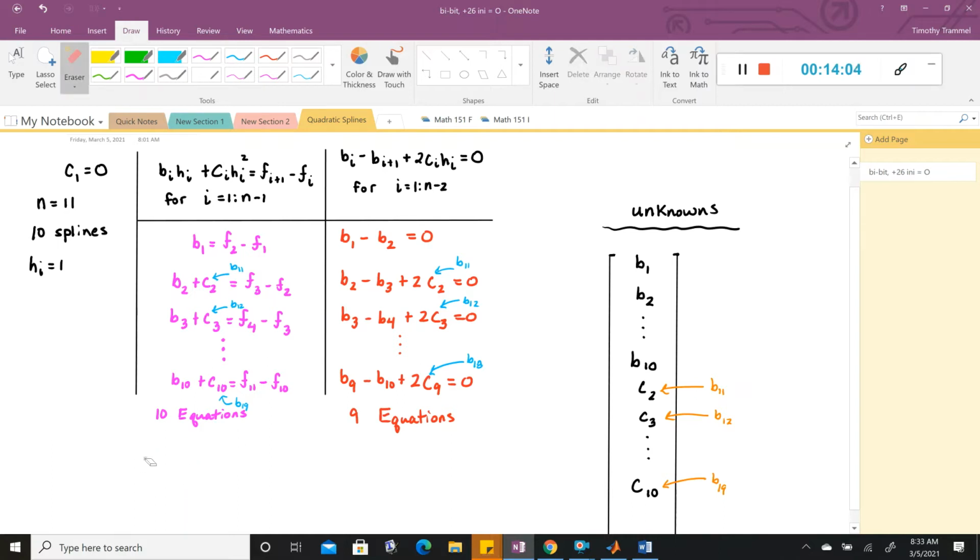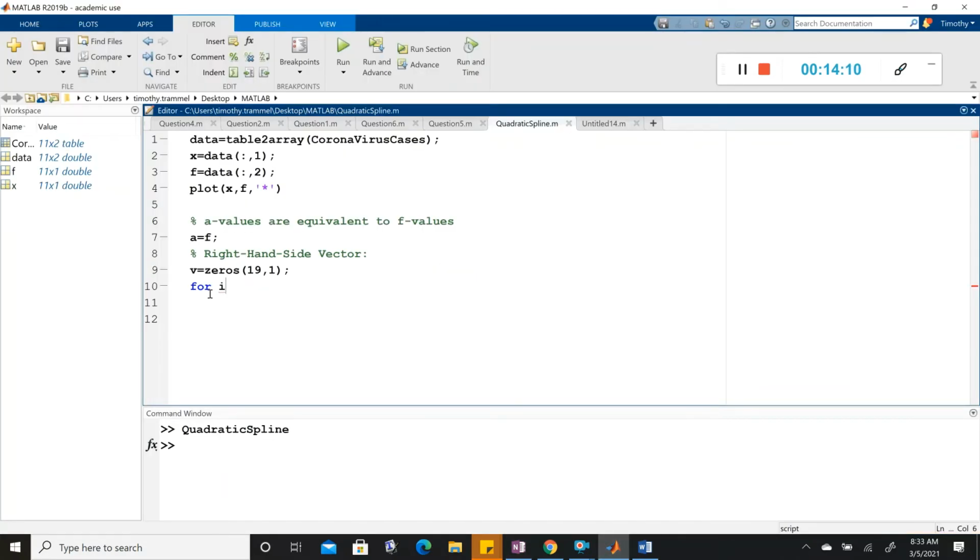Right, let's create a for loop that can handle that. Okay. So 10 to 19. I equals 10 to 19. And we'll just say V of I is equal to, and this should be equal to, right, 2 of these F's subtracted.